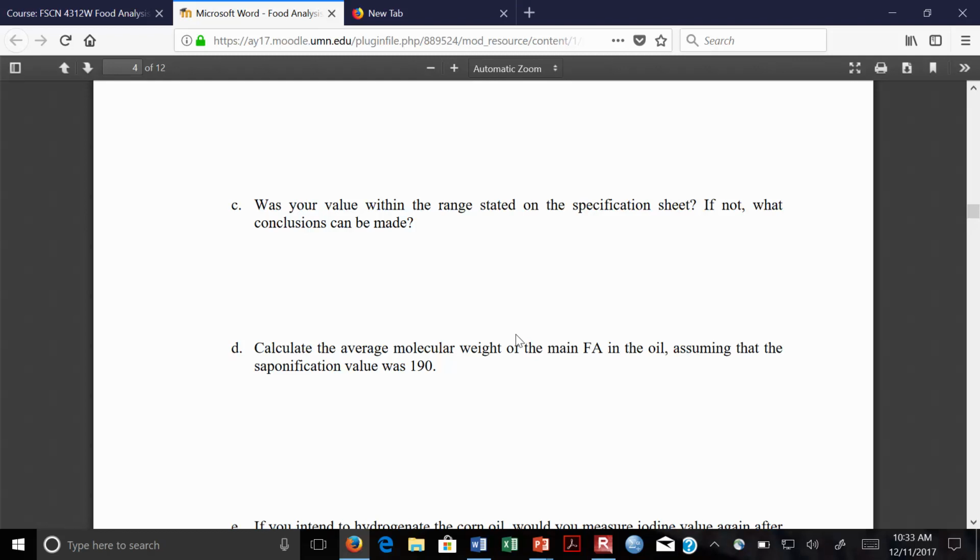Three times 18 is 54, so you have 884 plus 54 minus 92 over 3 equals 1 fatty acid molecular weight. So that would be 282, and that is the molecular weight of oleic acid.